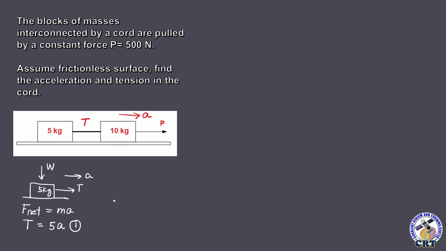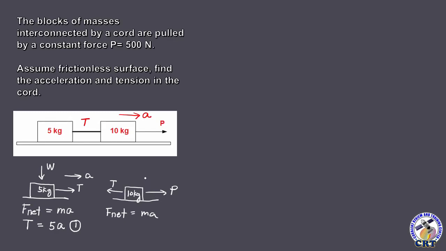Next, considering the 10 kilogram mass, its free body diagram is this. To the right of the 10 kilogram mass is the force P. To the left is the tension in the cord. If you apply F net equals MA, again, F net is the net force along the direction of the acceleration.